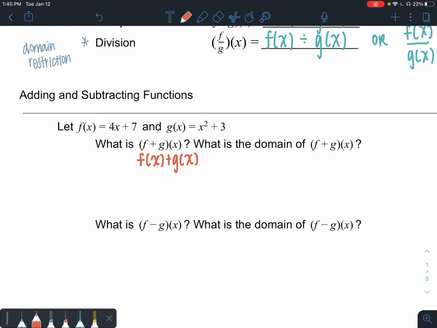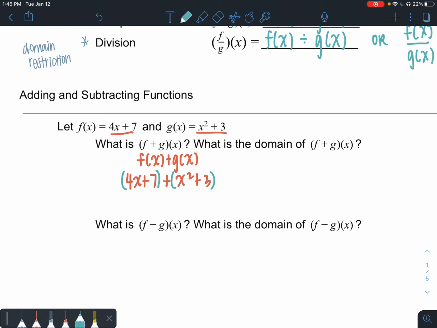So I'm going to take my two functions, f of x plus g of x, and add them together. So I'm going to have 4x plus 7 plus x squared plus 3. Those are those two functions. I'll even put parentheses around them so we can distinguish them a little bit.